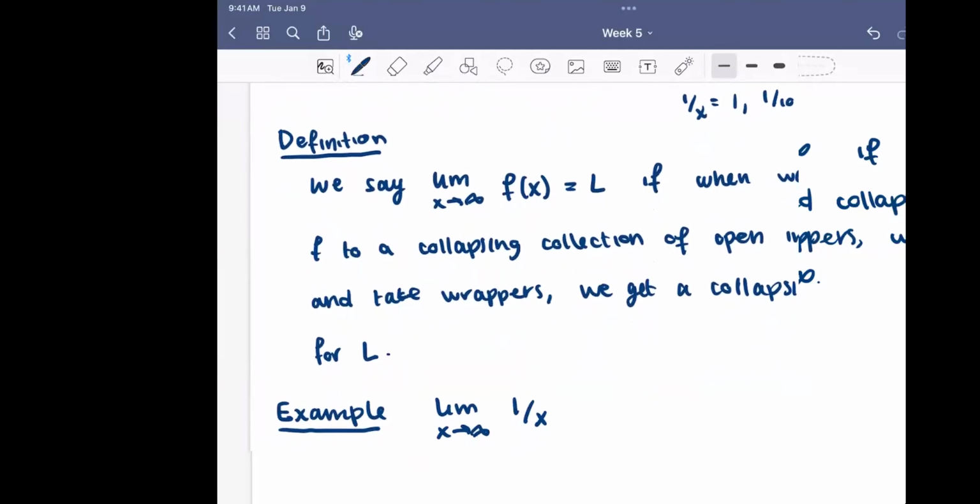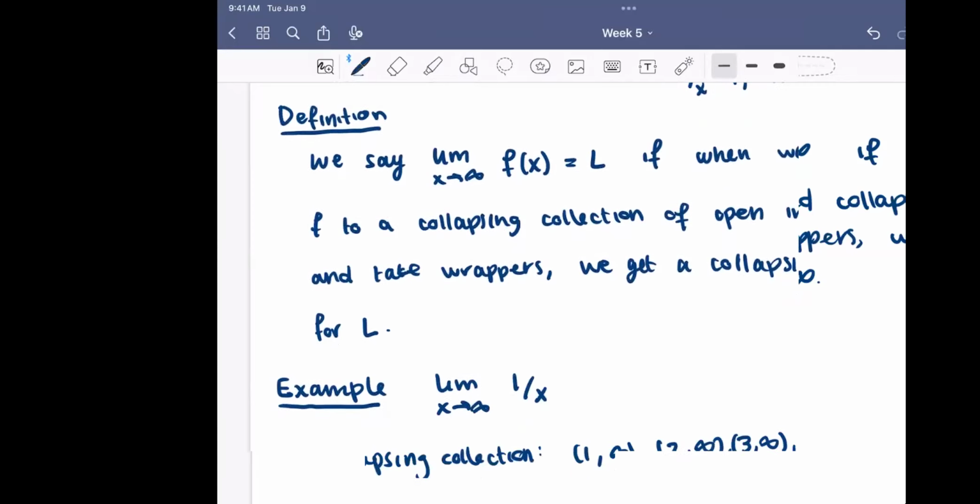So I'll just take the standard one for infinity. It'll be the interval from 1 to infinity, 2 to infinity, 3 to infinity, and so on. Okay, what are the F images of these intervals?